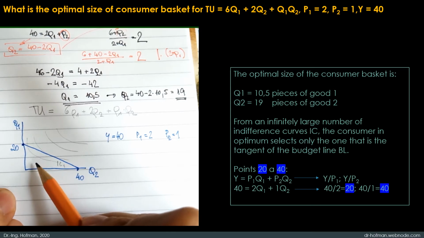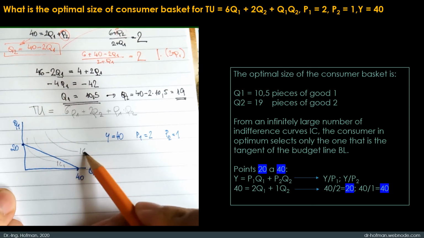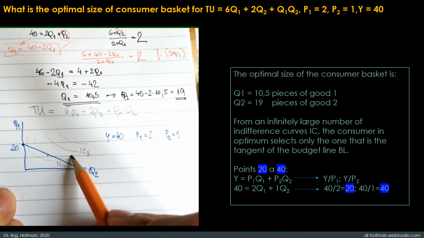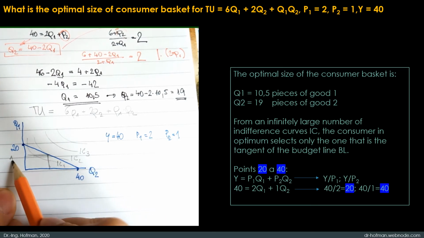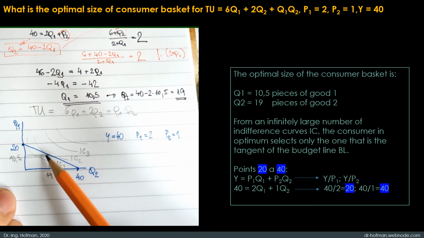I can increase my utility. IC3 is not optimal because it lies above the line BL, so I have no money for the combinations of goods it represents. And IC2 is optimal because it touches the budget line. A point with coordinates 10.5 and 19 is the consumer's optimum in the ordinalist theory of utility.